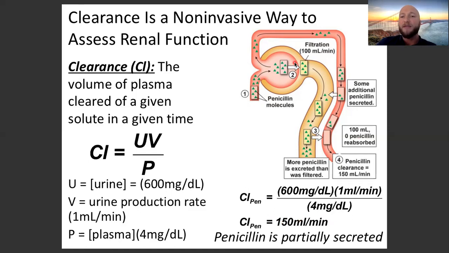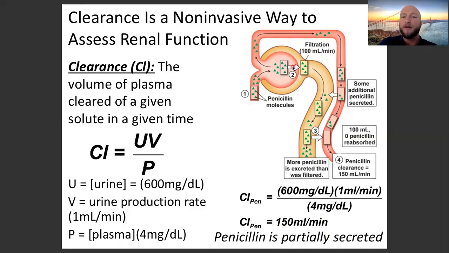If we had filtration and then no secretion and no reabsorption, clearance is equal to filtration rate. In this situation, penicillin is greater than our filtration rate, which is 100 milliliters per minute in this example.